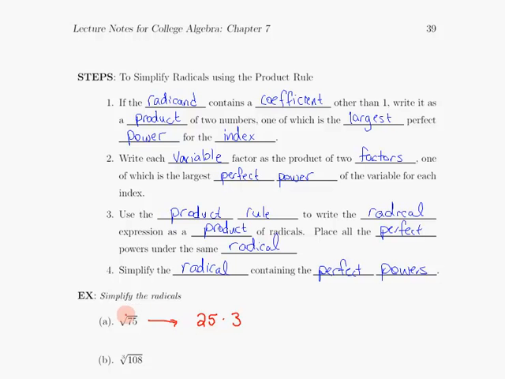So 75 is 25 times 3, so put a square root over each one. You can take the square root of 25, that's 5, with 3 left inside the radical. So 5 times the square root of 3.